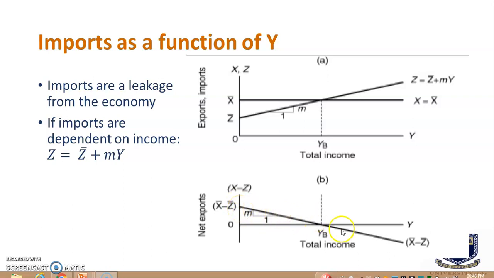So at income levels lower than YB, net exports is positive. However, at income levels greater than YB, we see that net exports becomes negative. And this makes sense because imports will increase as income increases, and hence net exports, which is the difference between exports minus imports, will of course fall.